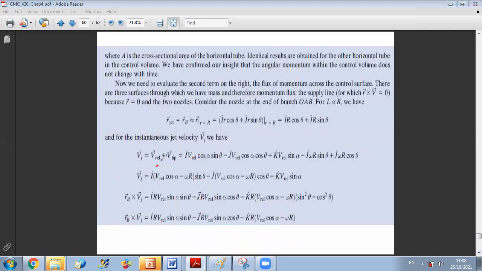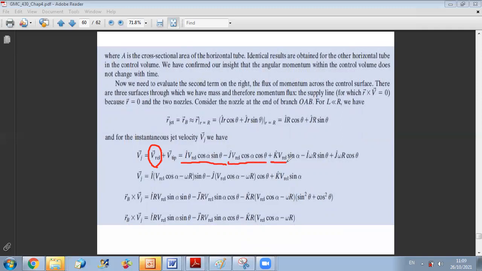So V relative, as we said, is decomposed into three components. One along I, which is V relative cosine alpha sine theta. One along J, which is a negative component, minus J V relative cosine alpha cosine theta.